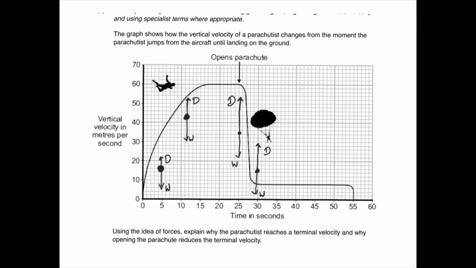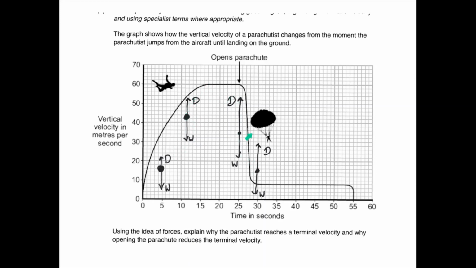You might end up sketching something like these pictures here. Think carefully about the following discussion. During this section of the motion, the acceleration is in the downward direction, and the velocity is in the downward direction. So the velocity is increasing.